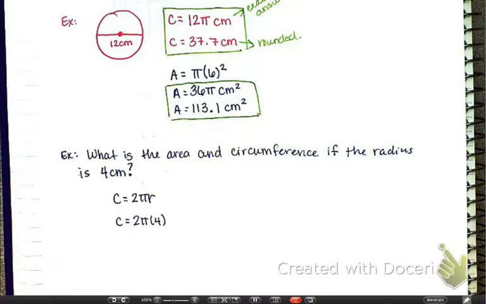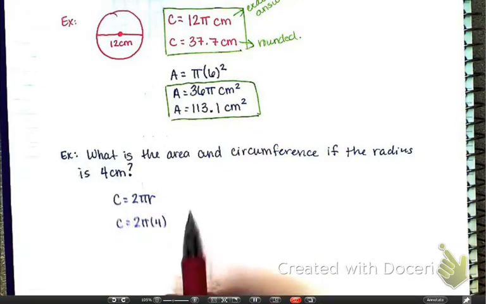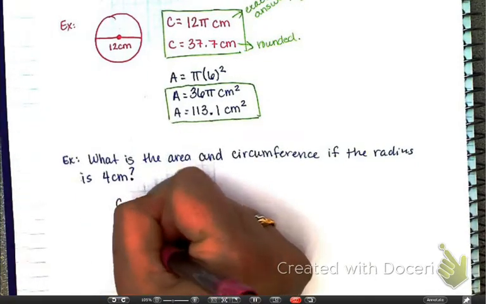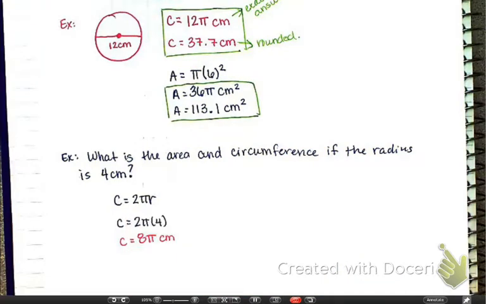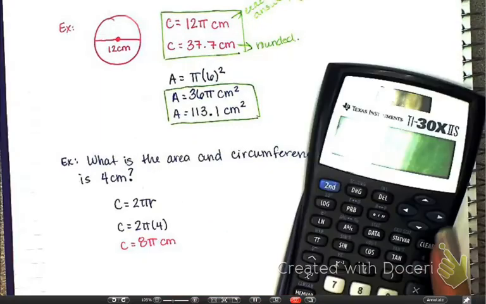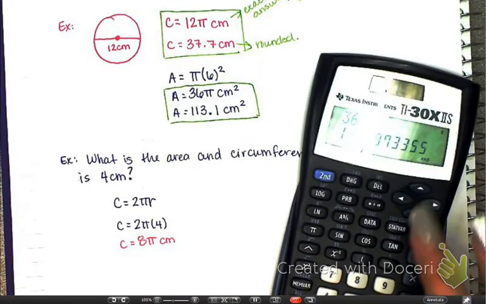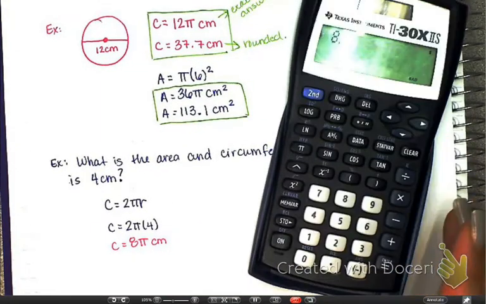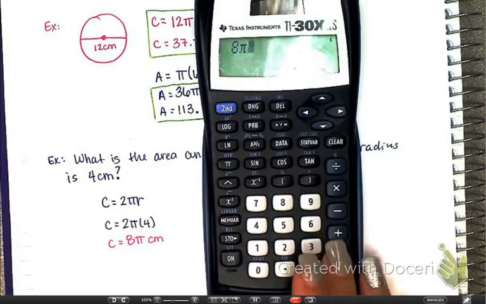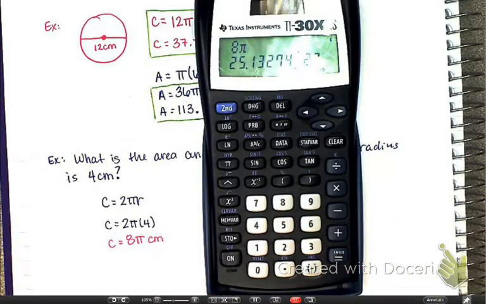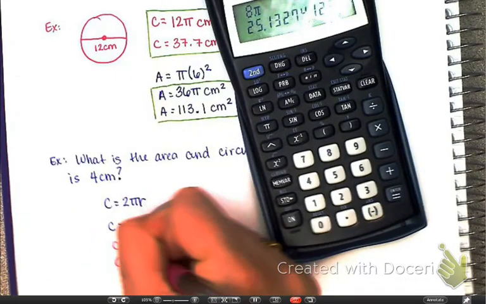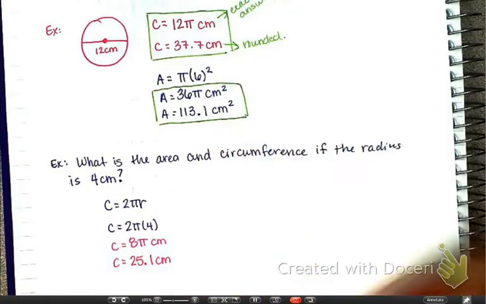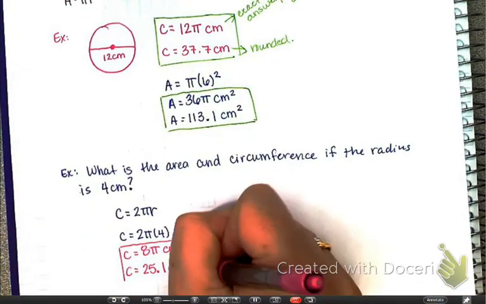So first step is to simplify because you're going to leave your answer in terms of pi. 2 times 4 is 8, and I leave pi in my answer. So 8 pi centimeters. Second step is to plug it into your calculator, and you literally do exactly what's on your paper. So 8 pi. Rounded to the nearest tenth is 25.1 centimeters. So this is my circumference.